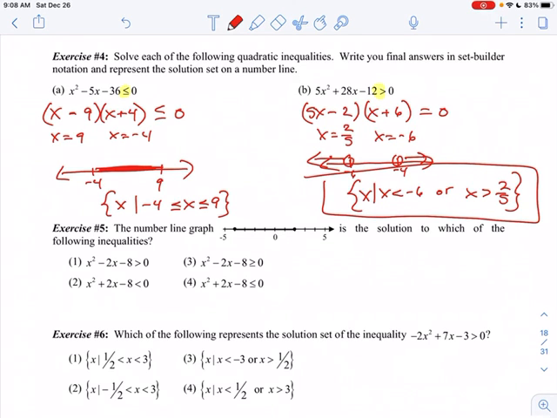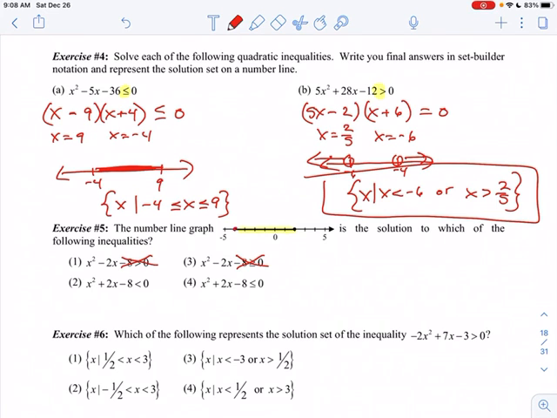All right. So we have some multiple choice. The number line graph is the solution to which of the following inequalities? Look at it. It's between the numbers. So between the numbers, that means I am looking for a less than situation. So I'm going to get rid of choice 1 and choice 3 because they both had greater than.